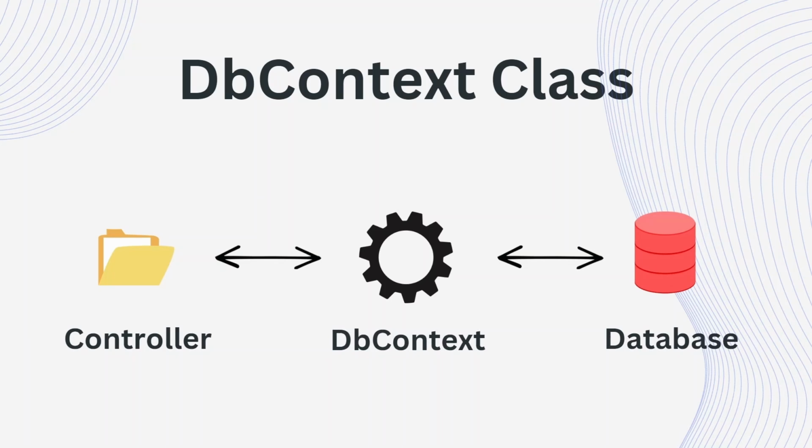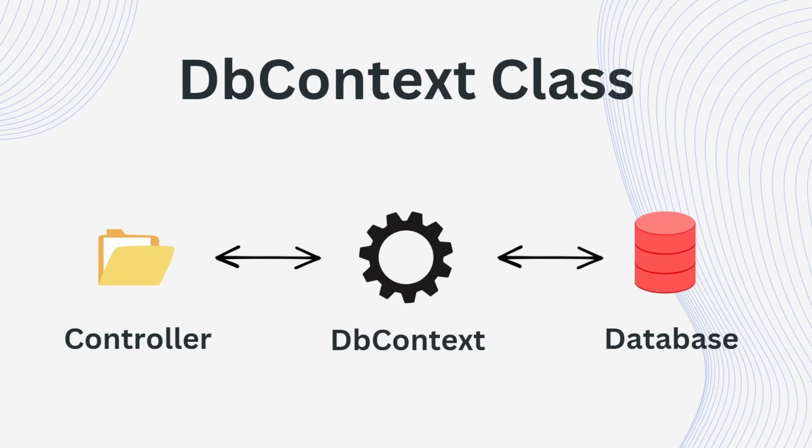DbContext is the primary class that is responsible for interacting with the database and performing CRUD operations on our database tables. In the image, you can see that whenever a call comes to a controller, in order to get or retrieve data, the controller will have to talk to the DbContext, and it is the responsibility of the DbContext to get the data from the database and provide it back to the controller.